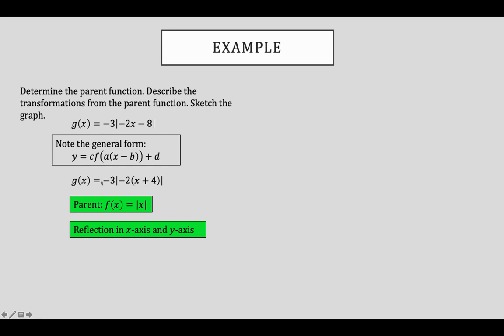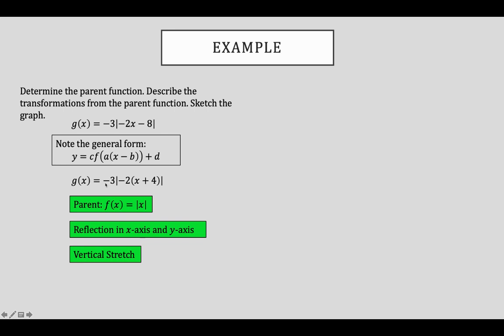Now, coming back to this constant multiple a, the absolute value of a is greater than 1. This means that it is going to be a vertical stretch. The way I like to think about it is the negative here is what is responsible for the reflection in the x-axis. The 3 is what is going to be stretching it.